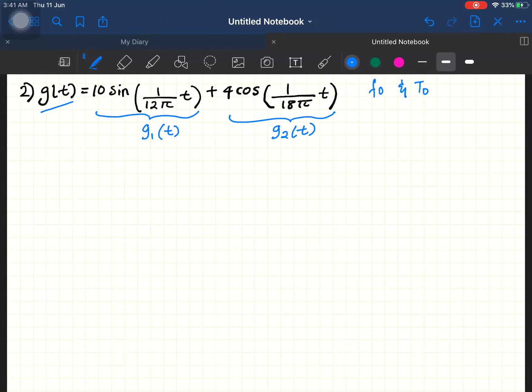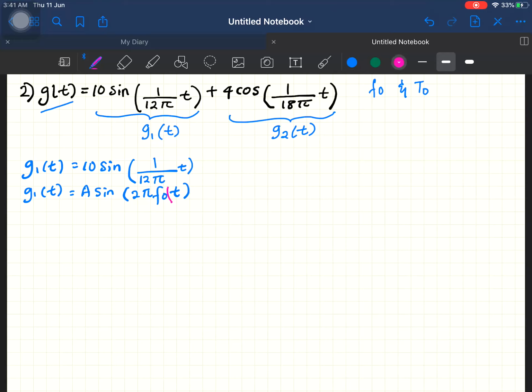Let's look at this problem one at a time. So g1 of t is 10 sin of 1 over 12 pi t. Similar to before, we write down the general form of the sine function, which is A sin 2 pi f naught t.